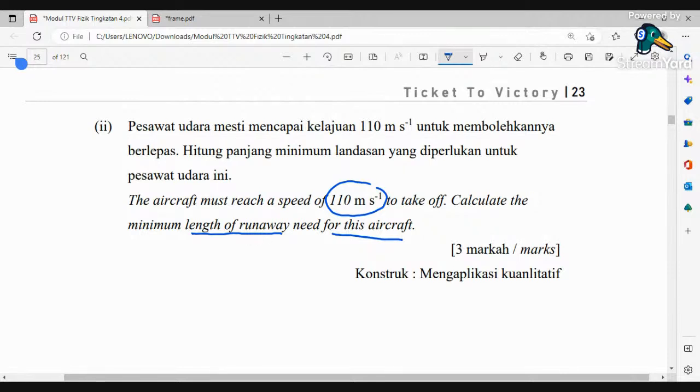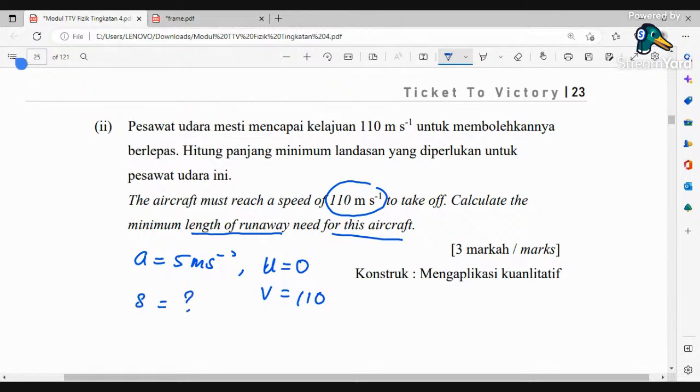Okay, tadi kita dah calculate dia punya acceleration 5. Start from rest, maksudnya U dia 0. Kita nak ada final velocity 110. Soalan nak apa? Length kan?